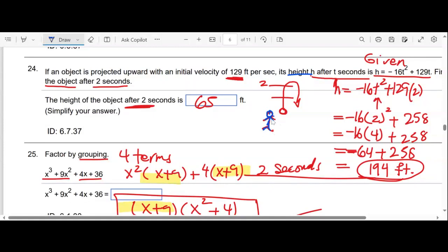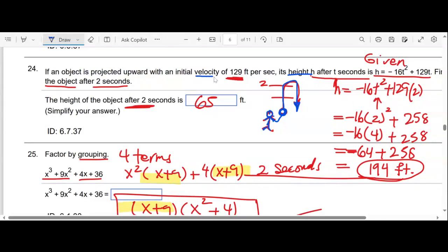What does projected mean? Thrown. Thrown where? Upward. What does upward mean? Going up. If something goes up, then it has to go down, right?